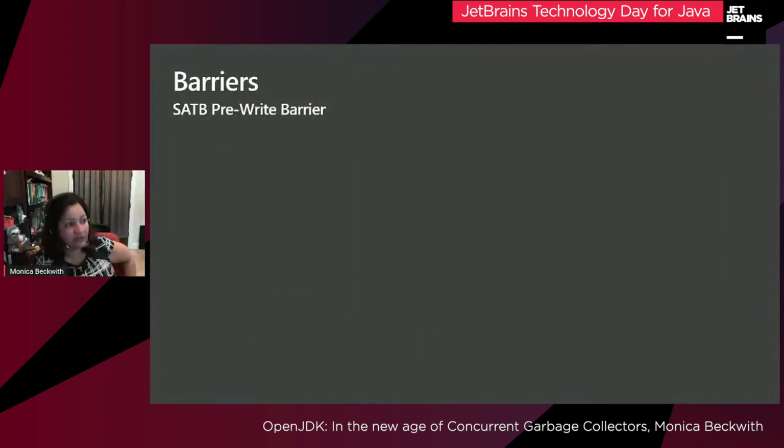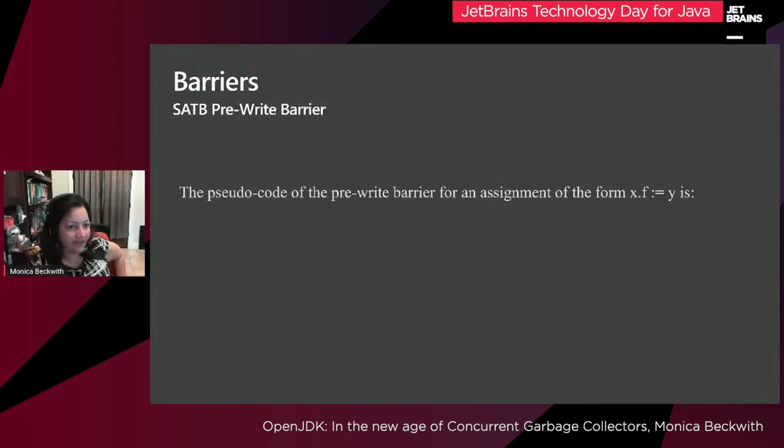So let's look at the pre-write barrier very quickly. For anything of the form x.f = y, if marking is active, that's an optimization right there.